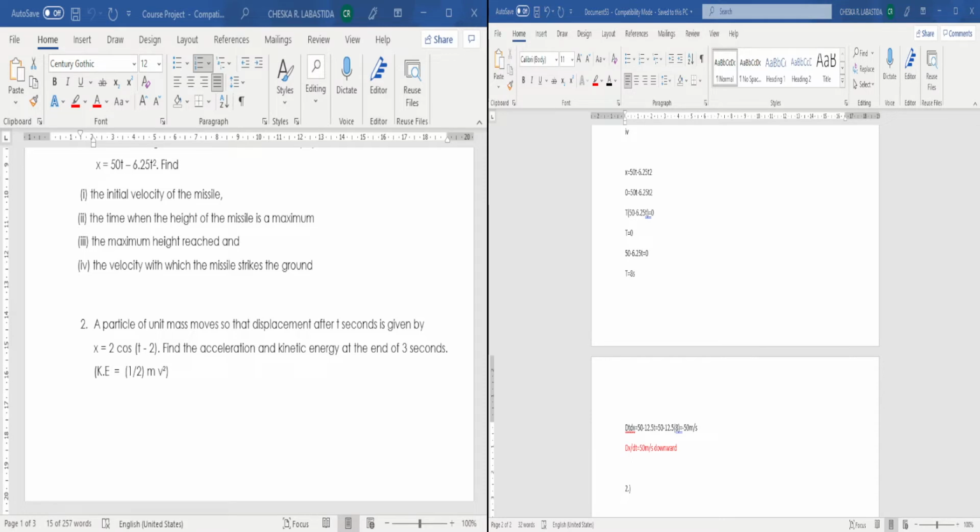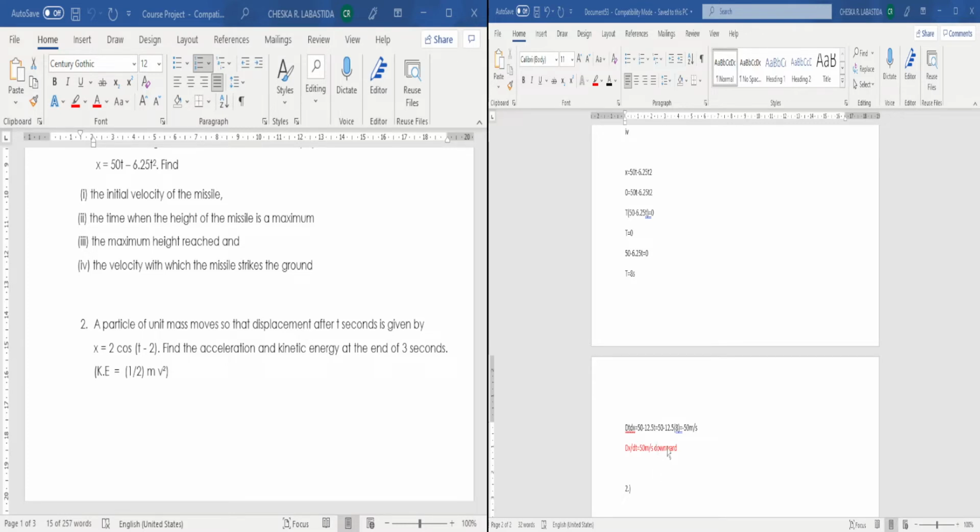So we are asked to find the acceleration and kinetic energy at a time which is 3 seconds. To find the acceleration, we must differentiate the function twice with respect to time. The first derivative is for velocity.